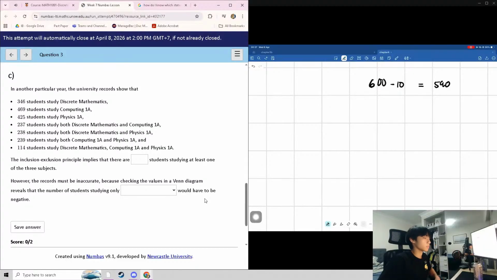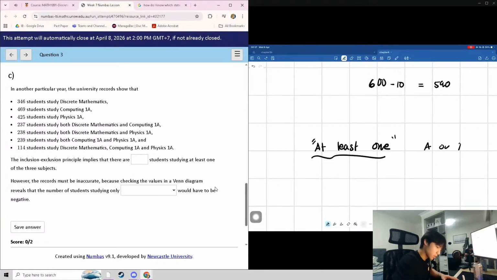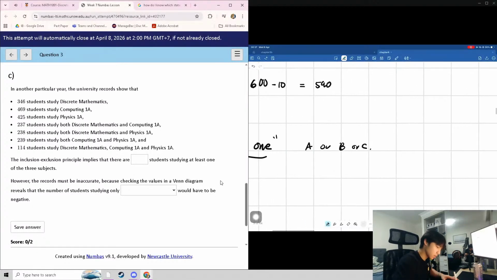It wants us to show at least 1. The term itself means A or B or C, right?